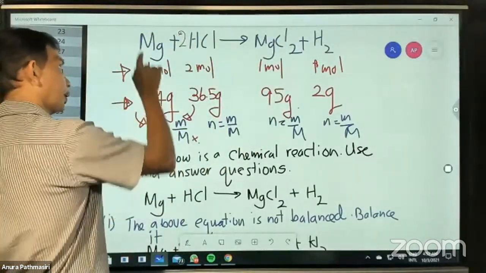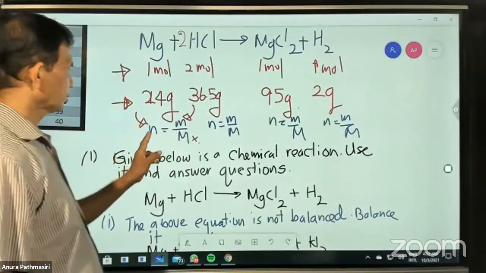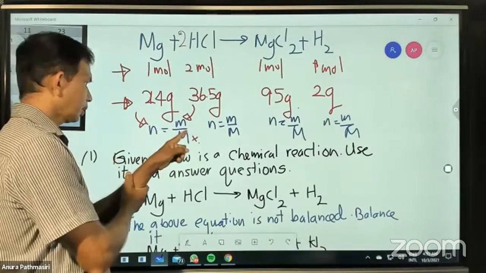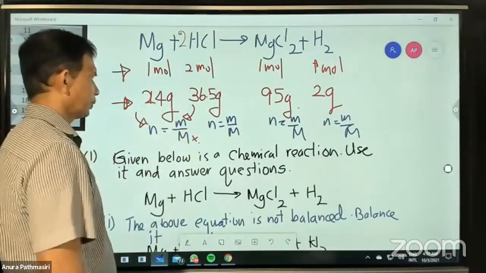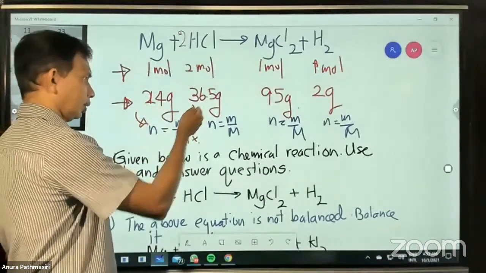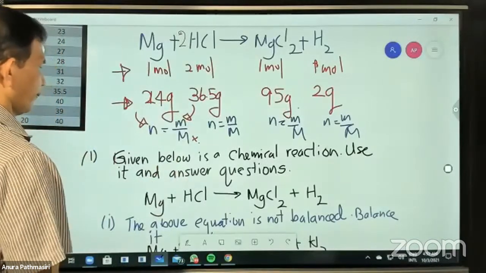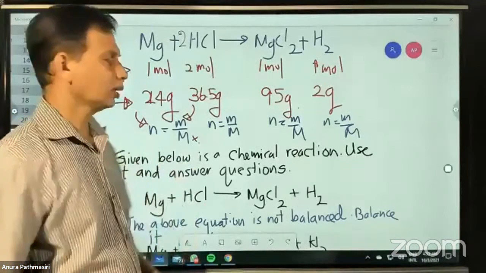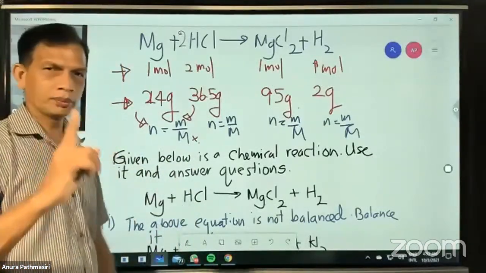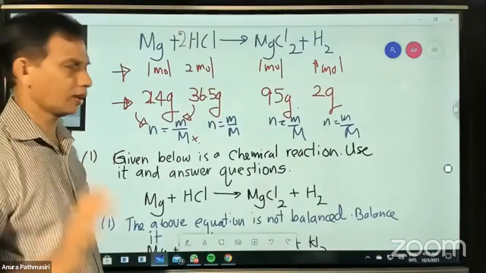That means 24 gram is used, right? I showed you the relationship between mass and mole, n equals m over M. So for 1 mole, the mass is the molar mass, right? And then the Avogadro connection: if you consider 1 mole, 6.022 times 10 to the power 23 is there.